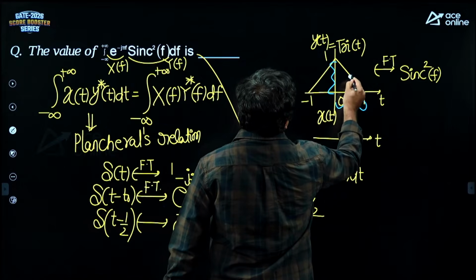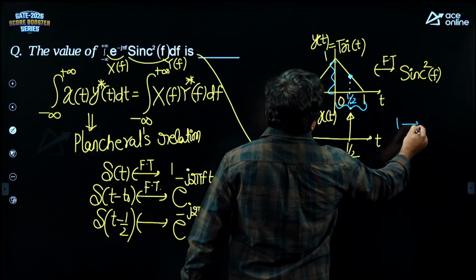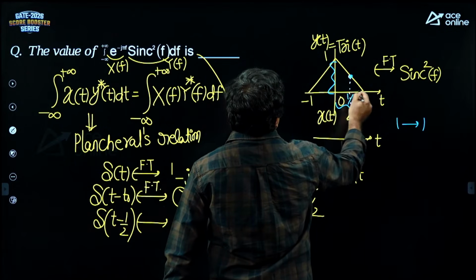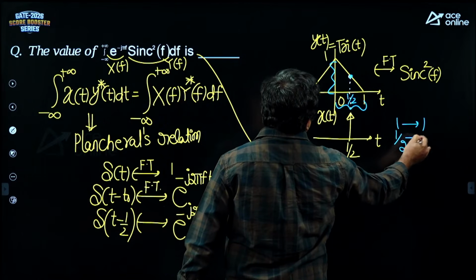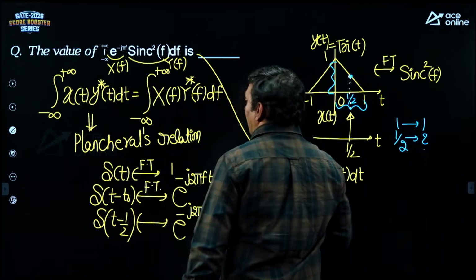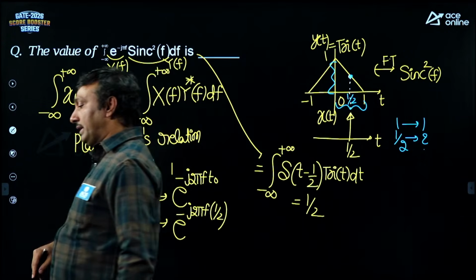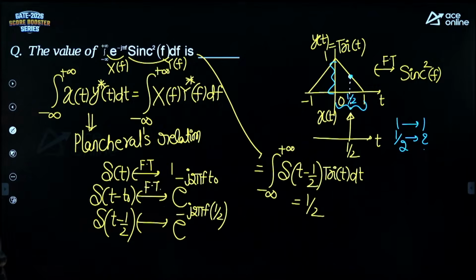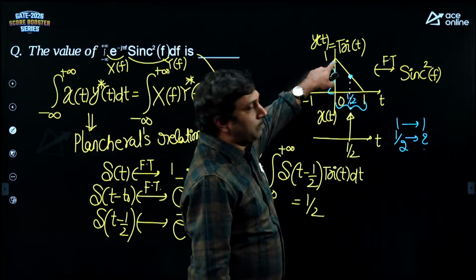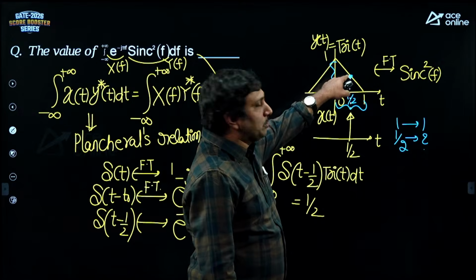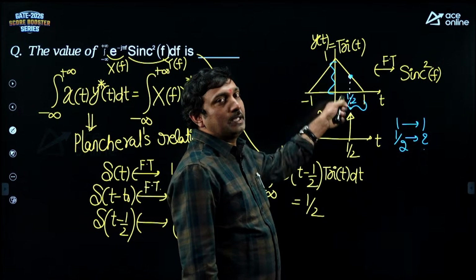I want the answer at half. Otherwise, you find the ramp expression minus t plus 1, and later substitute. Substituting t as half gives 1 minus 1 by 2.